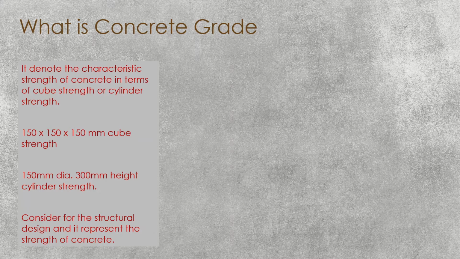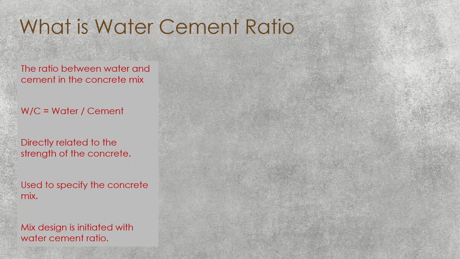You may test at 7 days to know the development of the strength, but the characteristic strength we consider at 28 days. That is also called the concrete grade. This is very important in structural design because all structural designs are done based on the concrete grade, or the characteristic strength of the concrete.